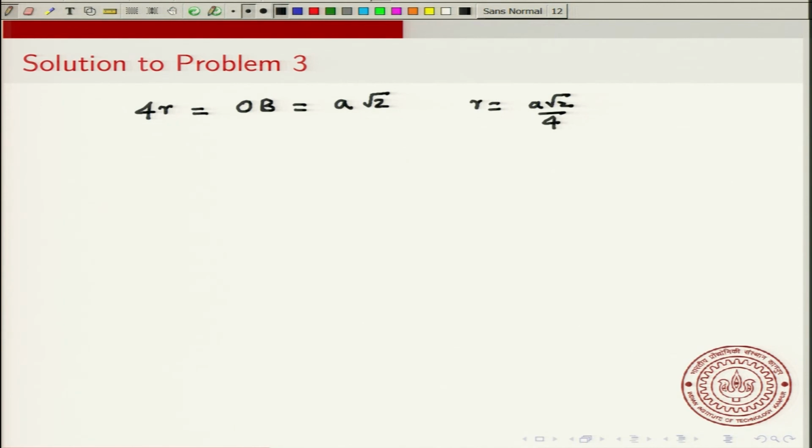Okay. So then the radius of the void is equal to A by 4 root 3 minus A by 4 root 2. Root 3 is 1.73, this is 1.41, and you have A divided by 4.